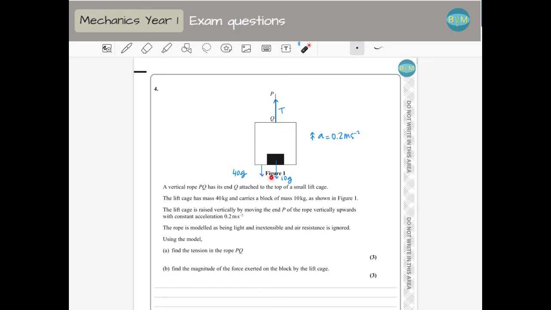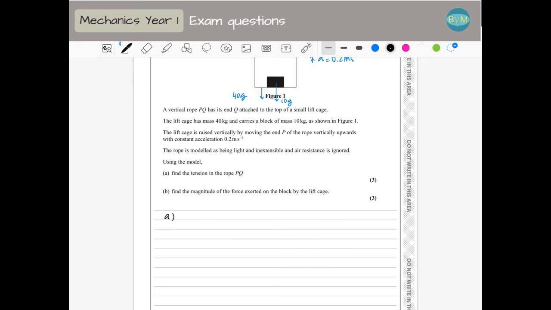So the whole thing is 50 kilograms and is moving up, pulled by this tension with this acceleration. We can write an equation for the whole thing. It is going up, so the tension will be larger, and then minus 50G in total is pulling it down. It's going to be the mass, which is 50, times acceleration 0.2, and from here the tension is 500 newtons. So this is the first thing.